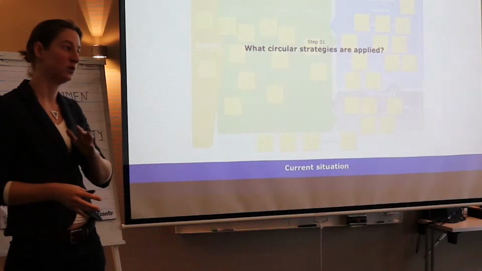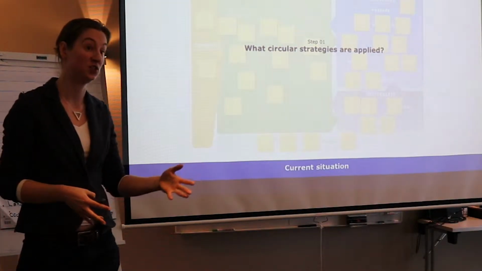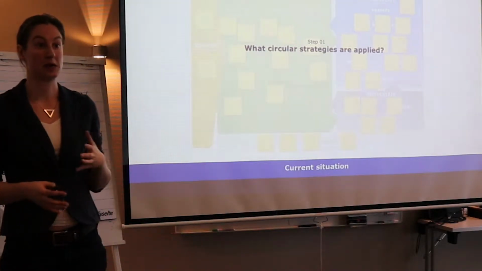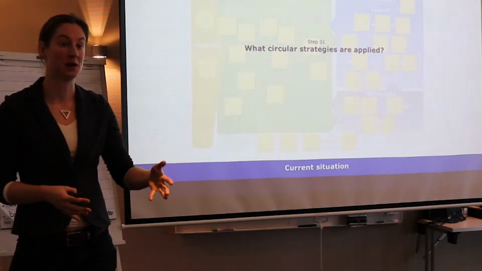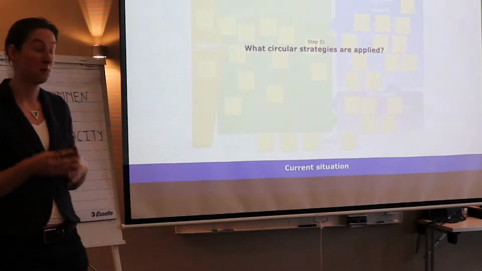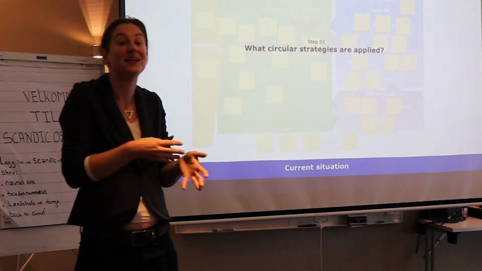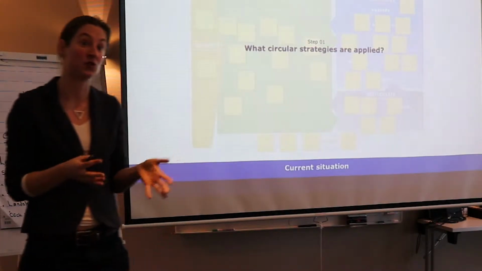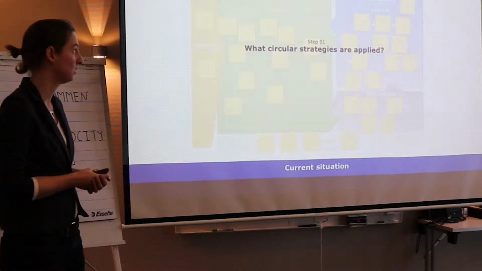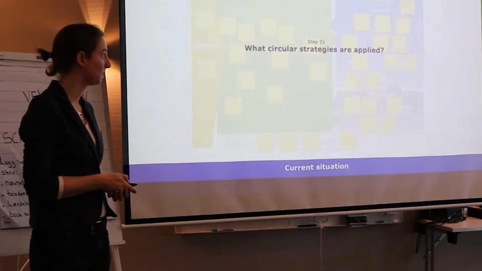One is we use it as a way to inventory what the company is already doing. So maybe there are already circular strategies applied within your company. Maybe there are things that you are doing that create potential for circularity, but that you're not yet capitalizing on. So first understanding what is the current state, what is going on.